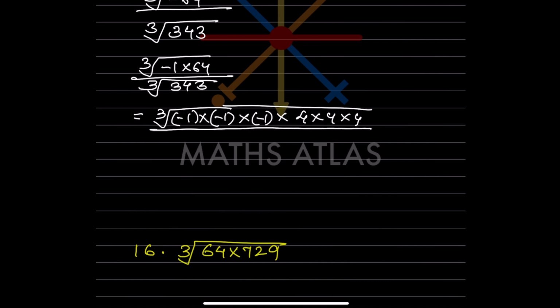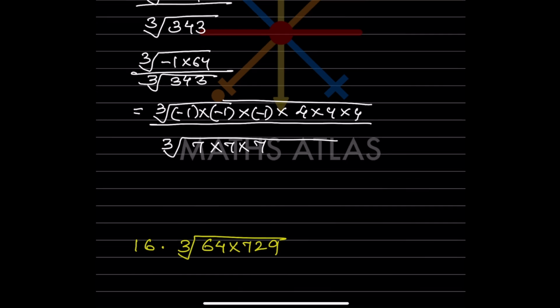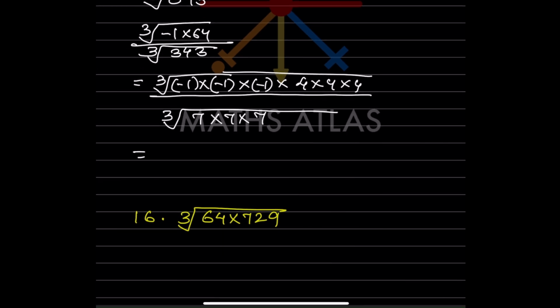Divided by cube root of 343, that will be 7 into 7 into 7. So that can be -1 into 4, because we are going to make a group of 3, divided by 7, that will be -4 by 7.